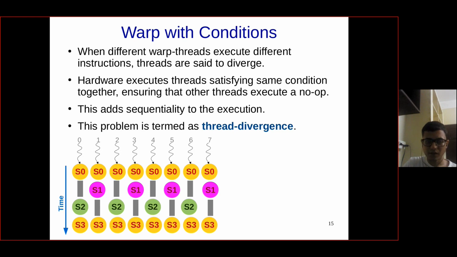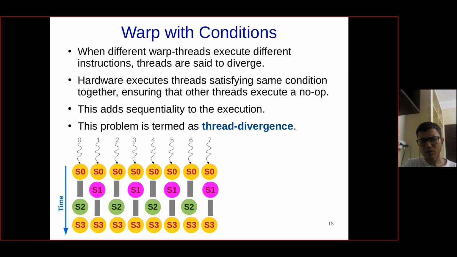But here we need two steps to execute the statements S1 and S2, because there is divergence among the warp threads. So there is some amount of sequentiality involved due to this divergence problem, and this problem is also known as the thread divergence problem on the GPU.